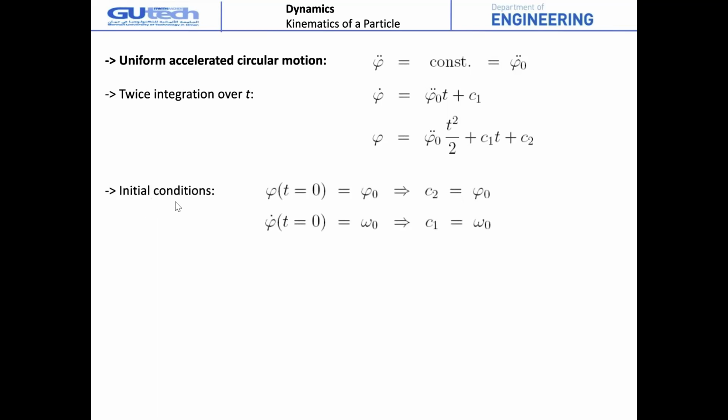In the same way, for the initial conditions phi 0 and omega 0 at time t equal to 0, we get C2 and C1. We replace them in these equations, and we get the angular velocity, which is linear with time, and the position phi, which is quadratic with time.